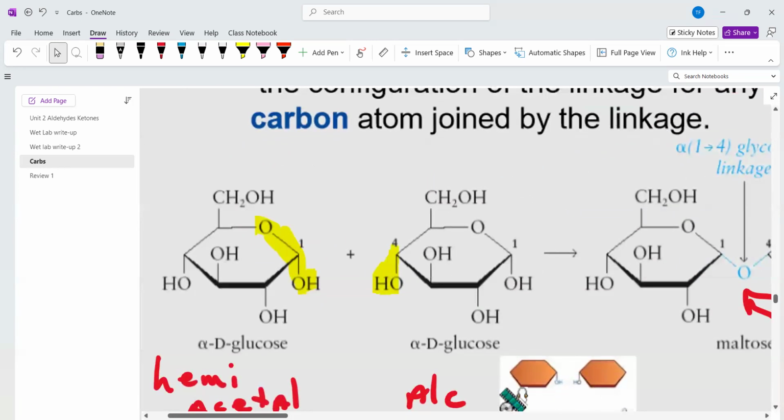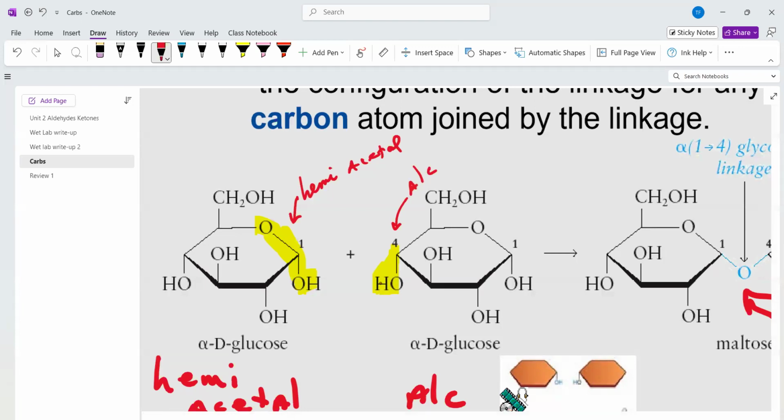So the essence of this reaction has to do with the hemiacetal and an alcohol. In this case, it's the alcohol on another glucose for this particular disaccharide. And it's on carbon number 4 or carbon number 6. When we look at glycogen, for example, it's attaching to the carbon number 6 and the carbon number 4.